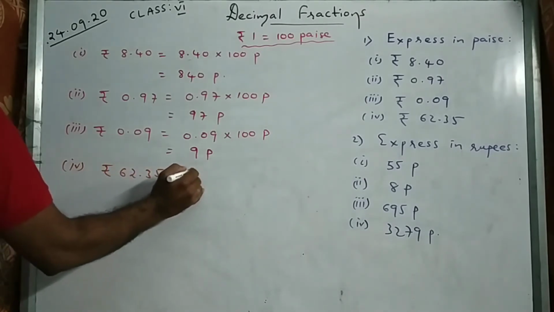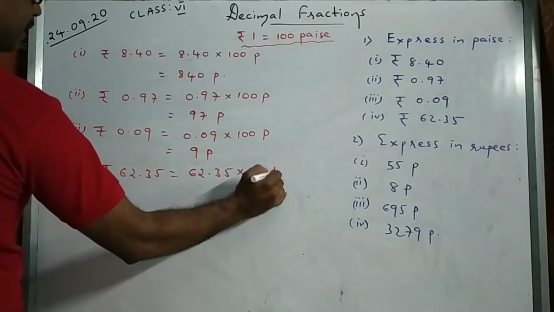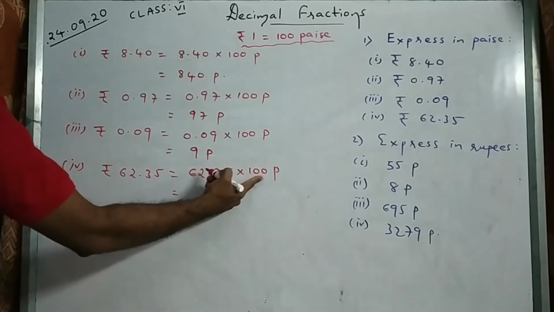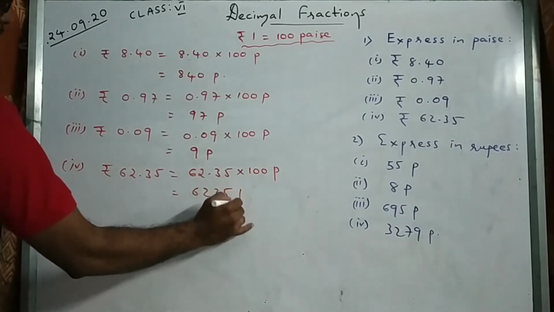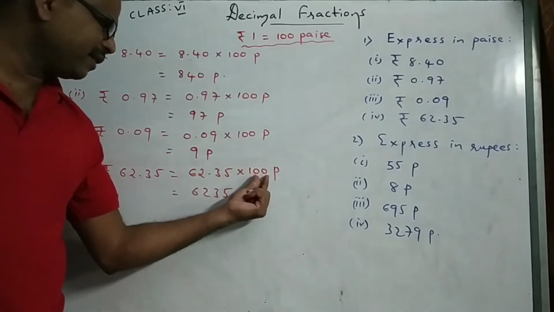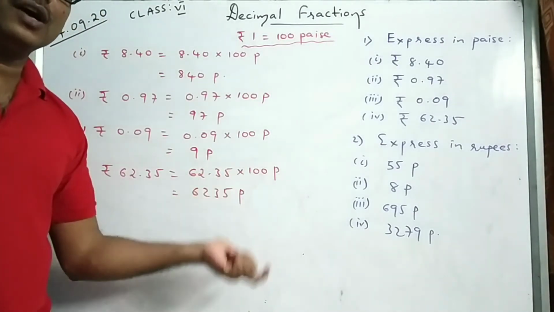Fourth one, rupees 62.35 into 100 pies. Here after decimal we have 2 digits, there 2 zeros. The point will be moving towards the right side, 2 digits, so the point will be gone. Or remember like this: here we have 2 zeros, here 2 digits, the point will be gone.